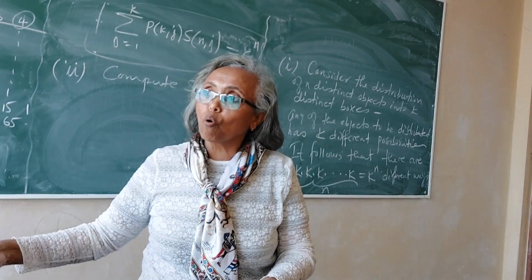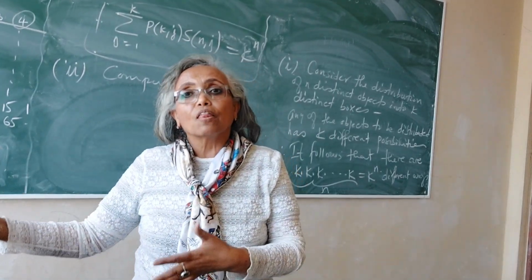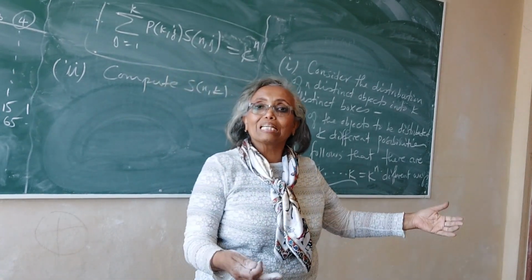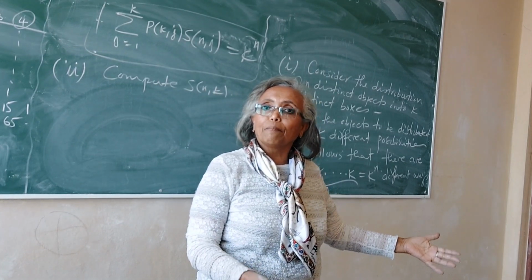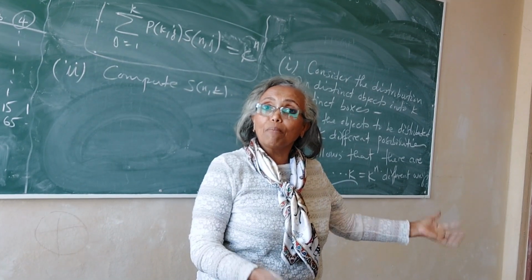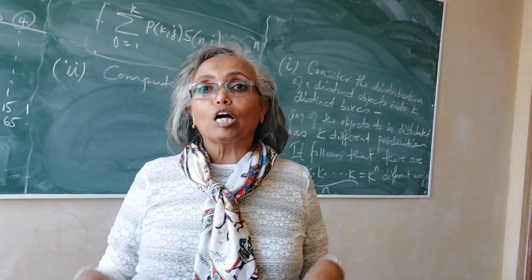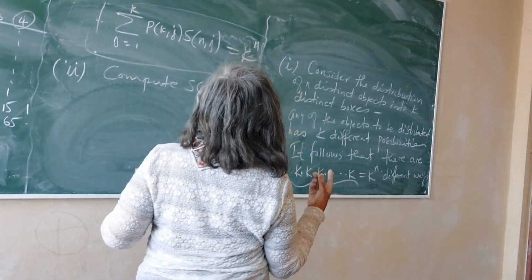Okay? So I have a formula for one in terms of Stirling numbers. Then I will be able to express the other one, its complement, as the union minus the set. And that will give me a formula to compute the Stirling numbers of the second kind. Good.